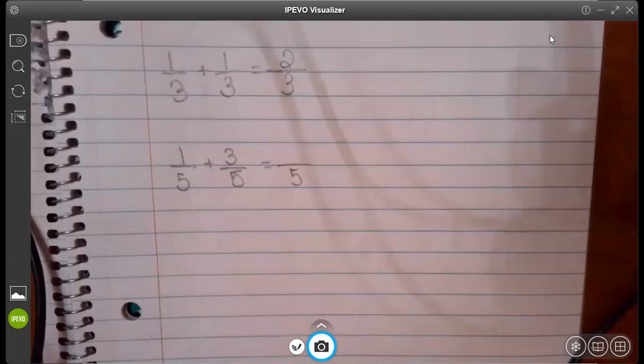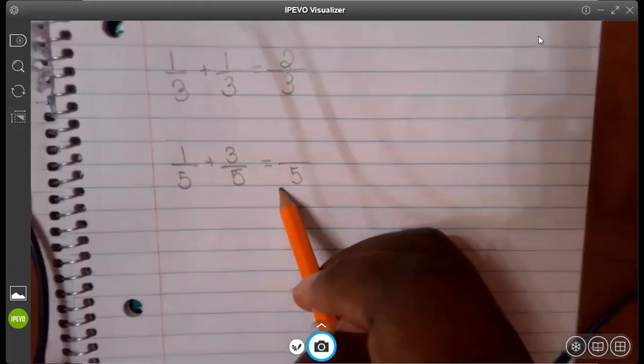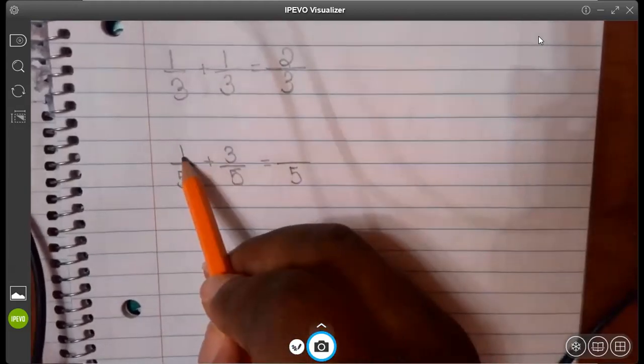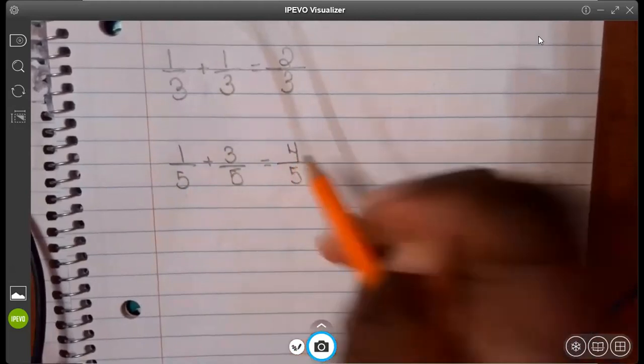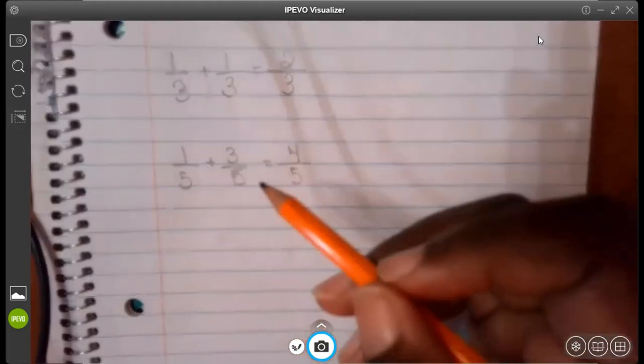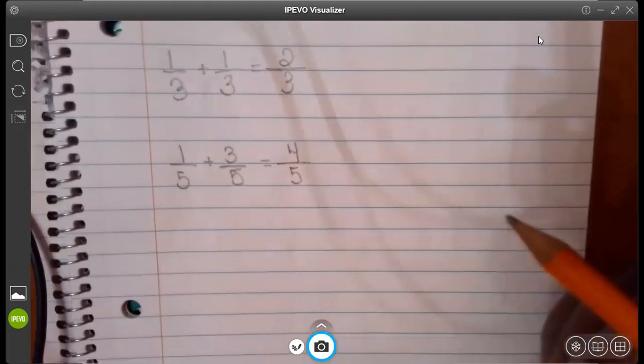So if this piece is cut into thirds and this piece is cut into fifths, I can't add them. They're like adding oranges and apples. But if this piece is cut into fifths and this other piece is cut into fifths, I can add them together. And then, so my denominator stays the same, and I'm going to add my numerator. 1 plus 3 is 4. So I'm saying that 1/5 plus 3/5 will be 4/5.